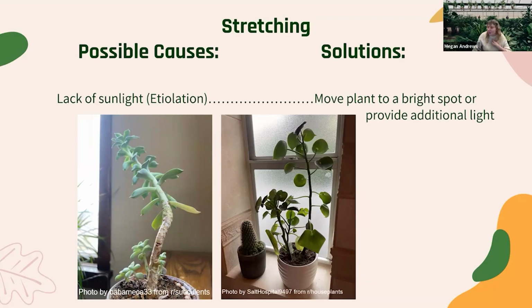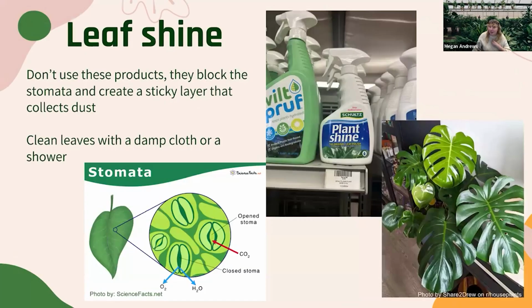Okay, I think I saw a question about this in the Q&A, about how you shine up your plant's leaves. You can buy leaf shine products, but I really don't recommend these products. They tend to create a sticky layer that collects dust on your plant, and that blocks the process of photosynthesis.